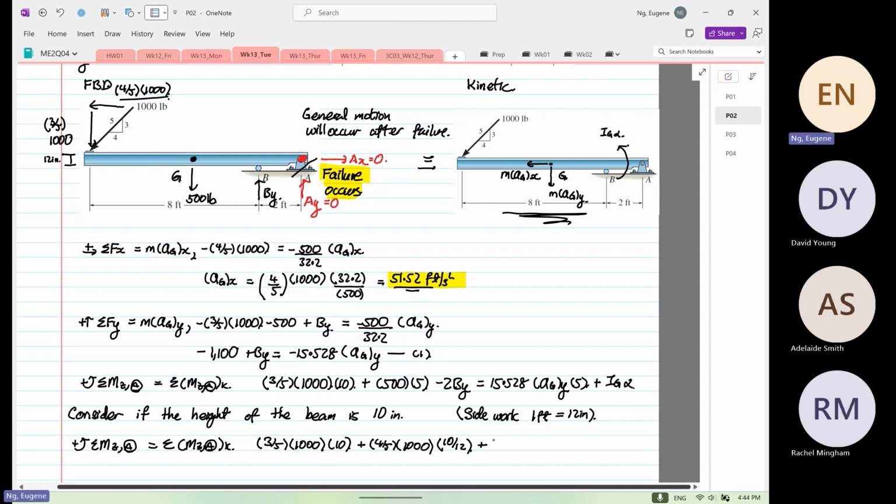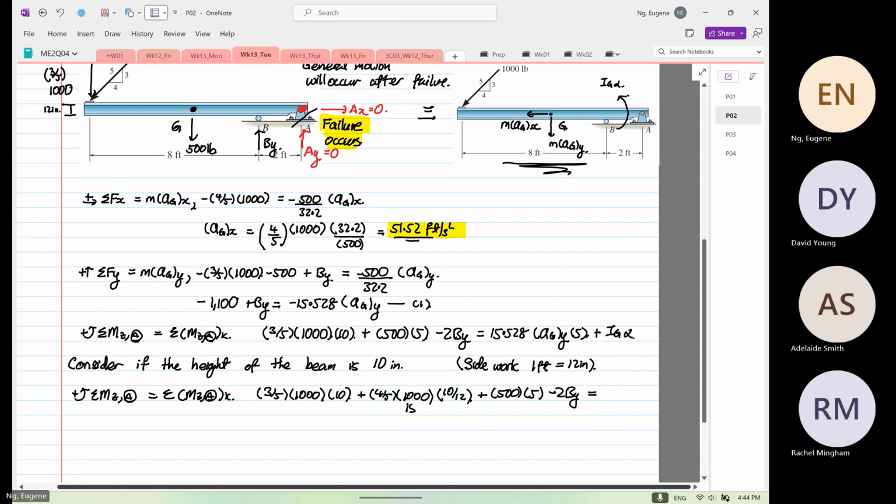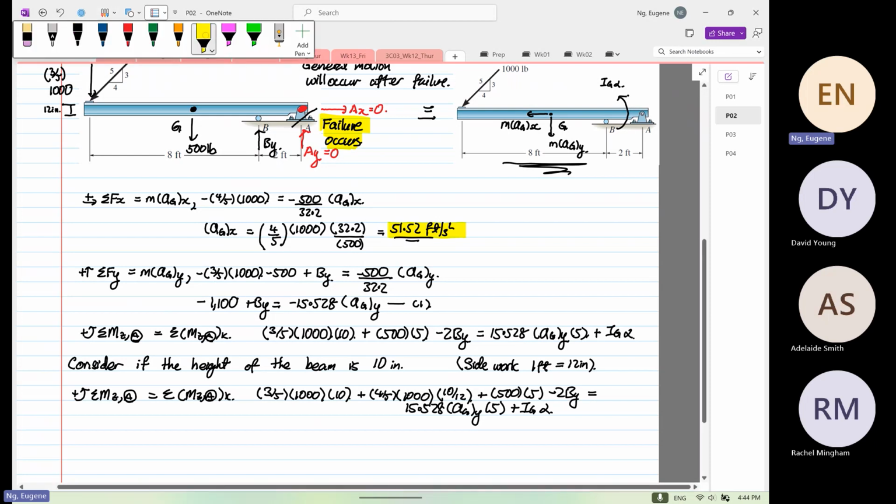Then the next thing is plus 500 multiplied by 5 minus 2 by, and this is equal to 15.528 a_G,y multiplied by 5 plus I_G alpha. The only extra term to come in is over here. Are we clear? Nothing difficult.